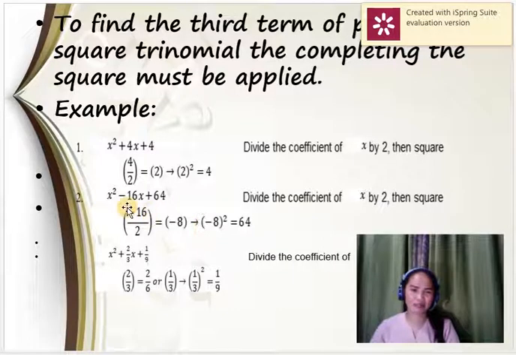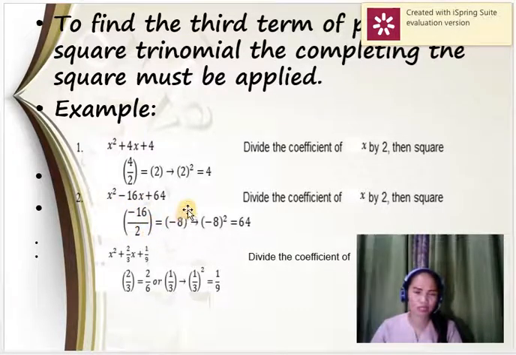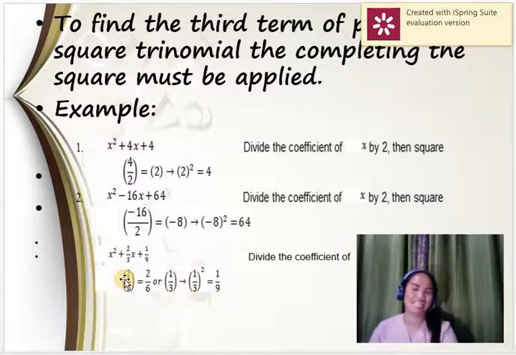Next example. The coefficient of x is negative 16. Divide by 2. The result is negative 8. The square of negative 8 is 64. You get it? Another one: 1/2 of 2/3.